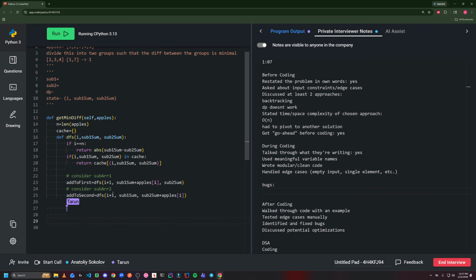From both of these, I should get the minimum.